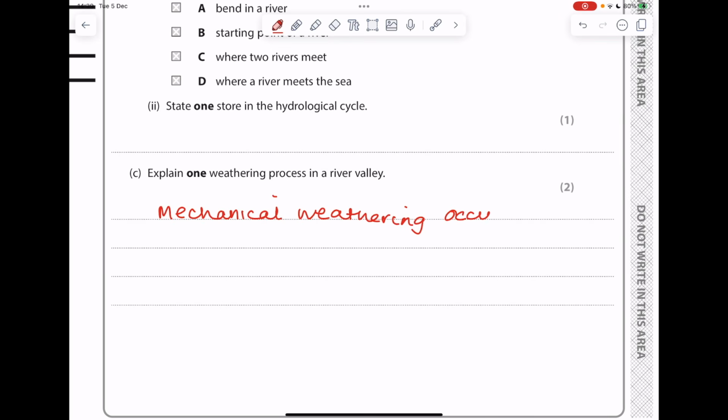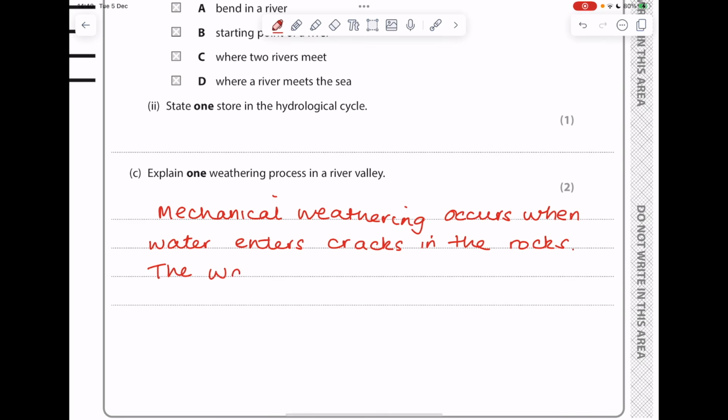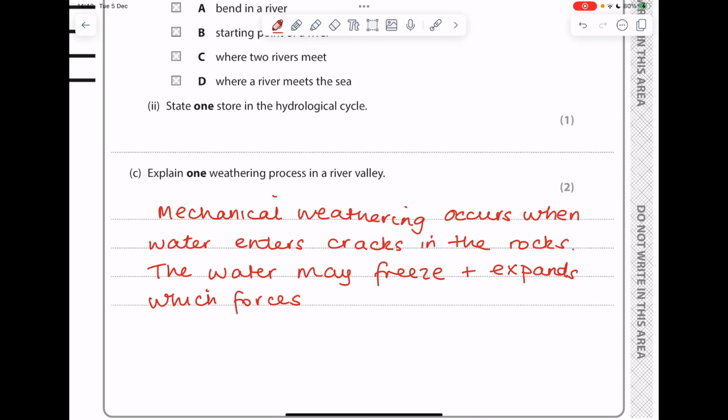So this occurs when water enters cracks in the rocks. The water freezes when it's really cold, and when it freezes and turns into a solid, it expands, which forces the cracks in the rock wider, and sometimes they break off.